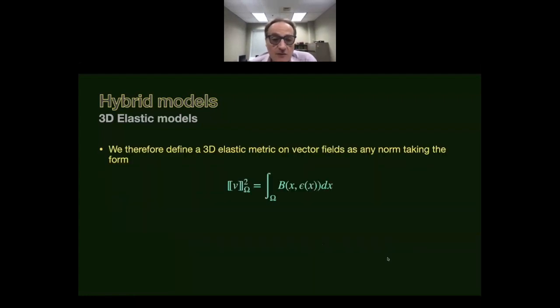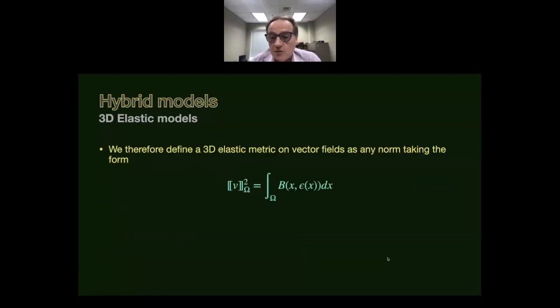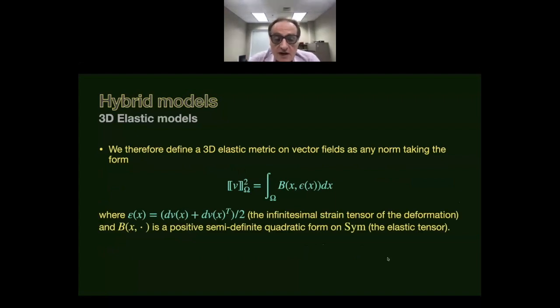And just to define this metric, we apply what we had before. All this second derivative with respect to W that I had before, I'm calling that capital B. And as often done, the dV plus dV transpose over 2, we call it epsilon.